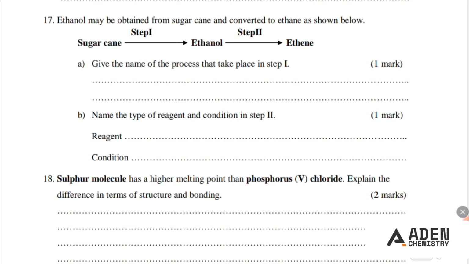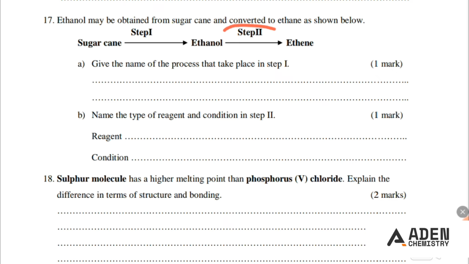We are having sugarcane being converted to ethanol. So this process is fermentation process. And fermentation is the decomposition of organic substance like sugarcane or sugar into ethanol or alcohol, carbon dioxide, and also heat by microorganisms.